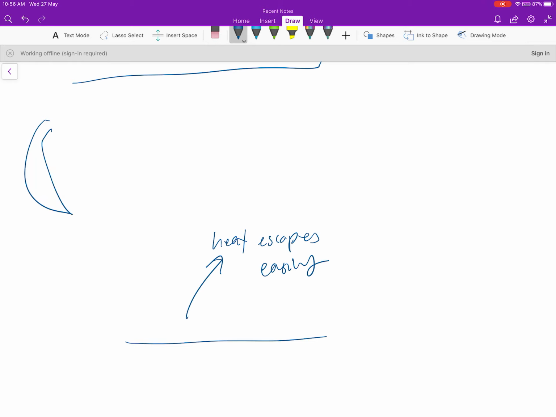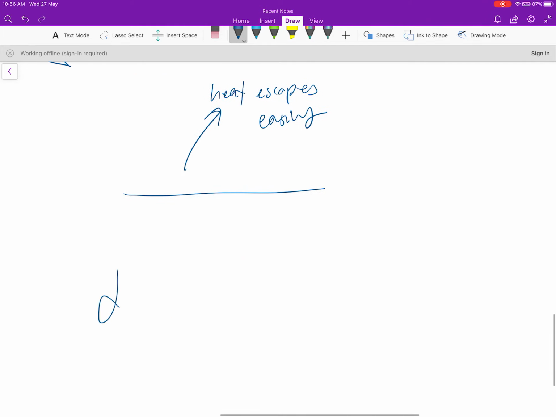So, to sum up, the presence of clouds means lower temperatures in the day, higher temperatures in the night, and with the presence of clouds, there will be smaller diurnal temperature range. Diurnal essentially means the difference of max and minimum temperature.